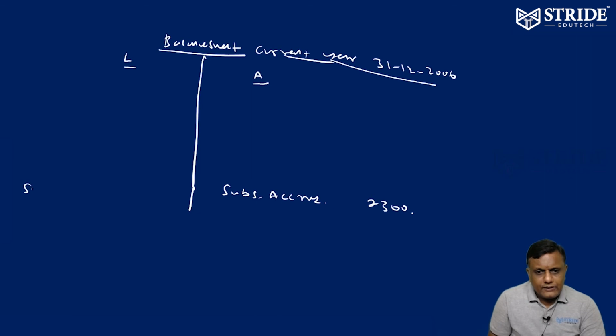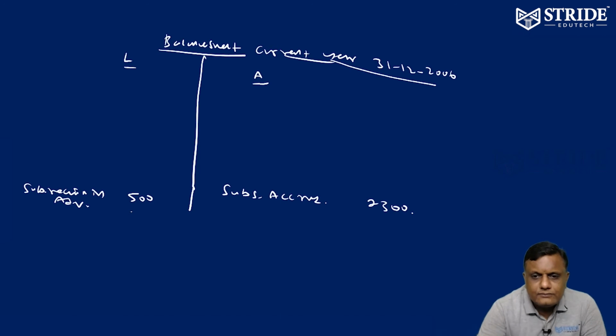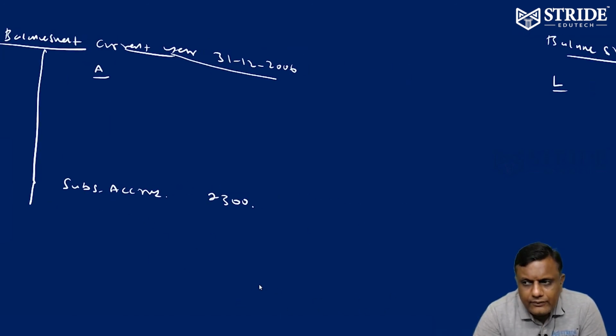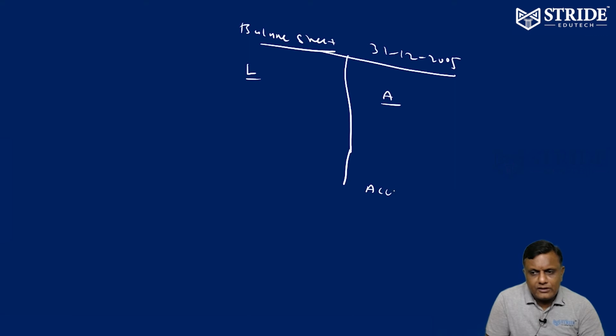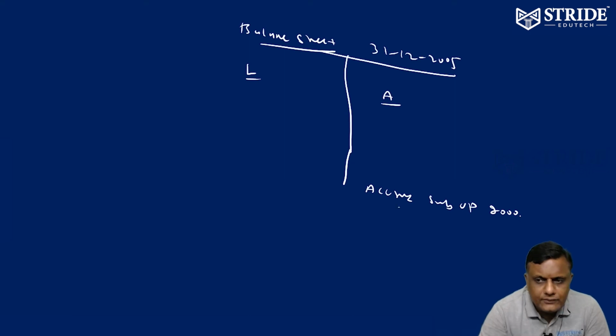Liability side: subscriptions received in advance, receipt advance 500. So this is current year asset, current year liability. Similarly, last year asset: accrued subscription opening 2,000. That's it. So subscription account already open.